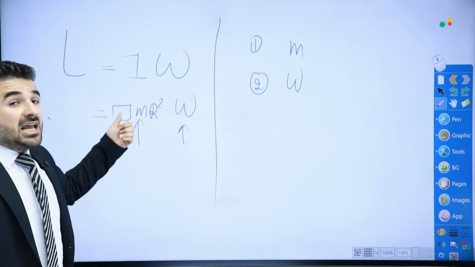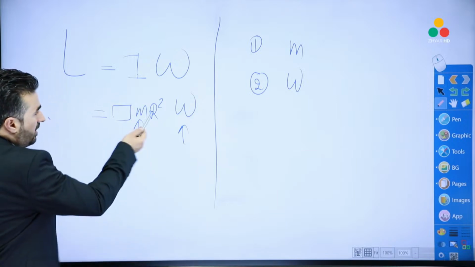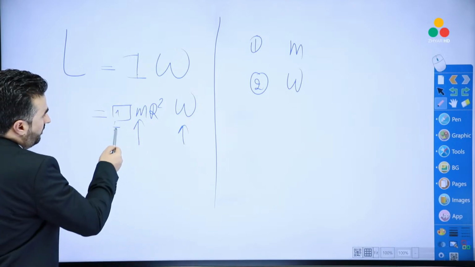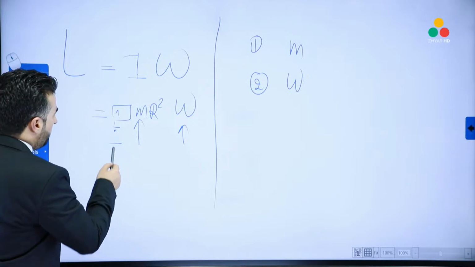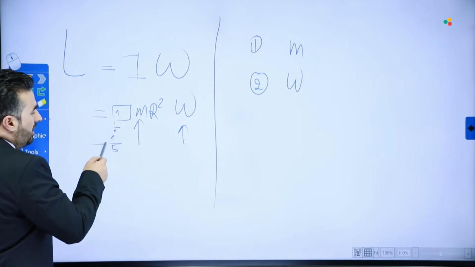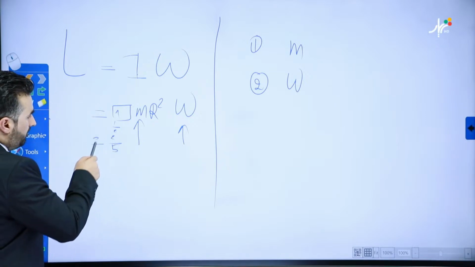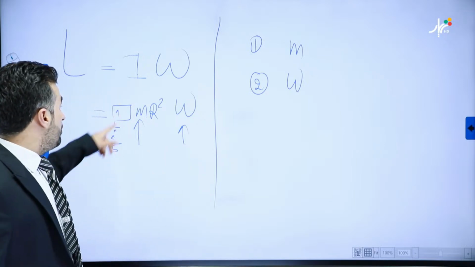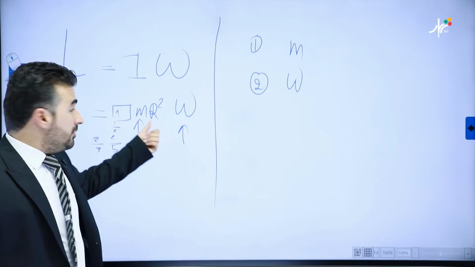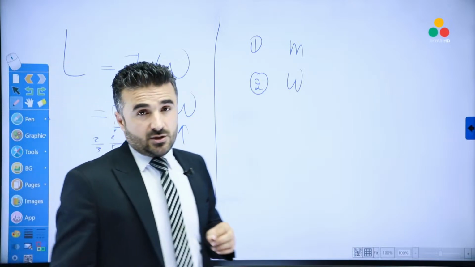If they don't have the same shape, this factor could be 1, or 1 over 2, or 2 over 5, or 2 over 3, or 1 over 12, or whatever it is. So it depends on the radius of the object, and on the shape of the object as well.